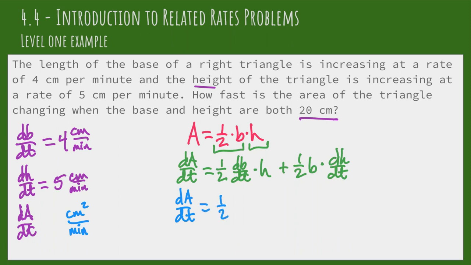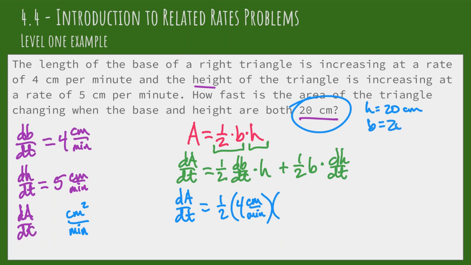So we have 1/2 dB/dt is going to be 4 centimeters per minute, times h, and h we know is going to be 20 centimeters, so is b. So at this moment, the base and the height are both 20 centimeters.